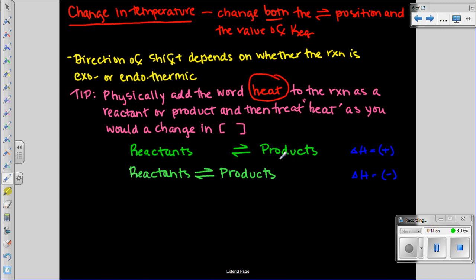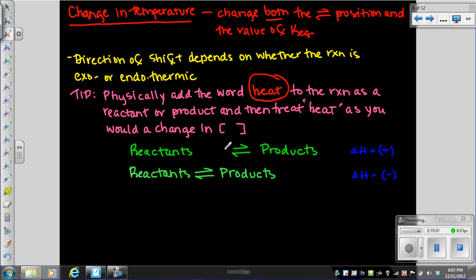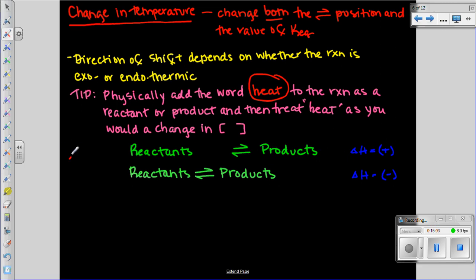Reactants on the left, products on the right. The first example, we have a positive delta H. Because we have a positive delta H, we know that this is an endothermic reaction. And if it's an endothermic reaction, it's going to require energy. So heat is going to be a reactant. So when I say physically add it, I mean write it in on the reactant side.